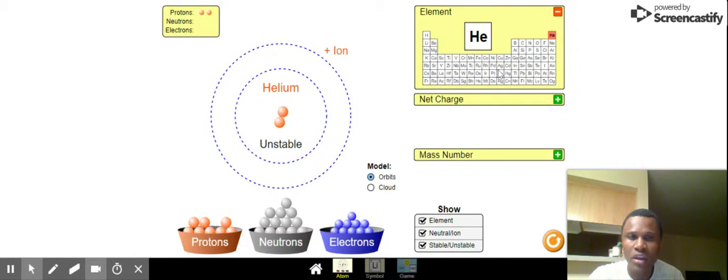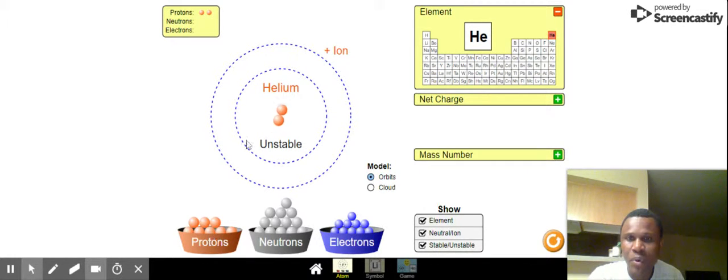So if I want to build an element with atomic number 5, it means that element is going to have 5 protons. So essentially, the number of protons is the atomic number of the element. It actually tells you the position of the element in the periodic table. So if I'm looking for an element with atomic number 5, it will be in the 5th position in the periodic table.